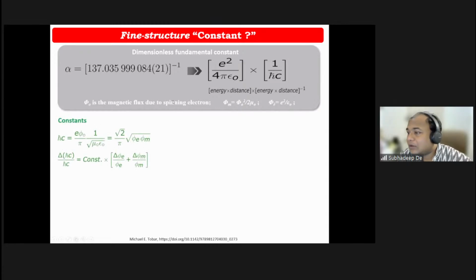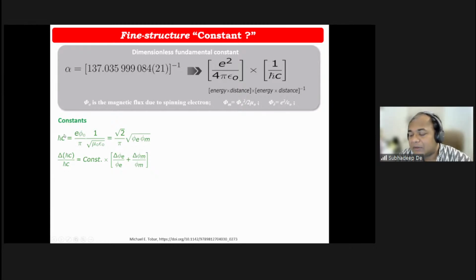Okay, now let me do a little bit more. This quantity h bar times c can be written in terms of phi 0, where phi 0 is the magnetic flux due to the spinning of the electron. It's an electromagnetic interaction, so electrons have some spin, and the spinning of the electrons creates some magnetic flux, that is phi 0, and that can be written in terms of phi e and phi m, basically the electric flux and the magnetic flux components.